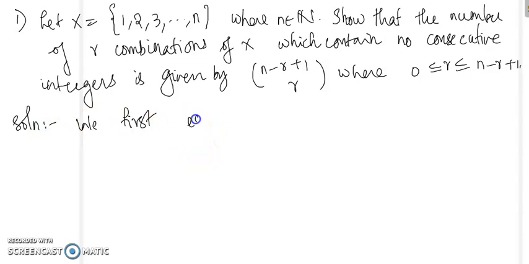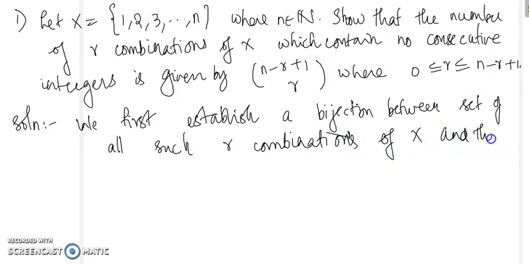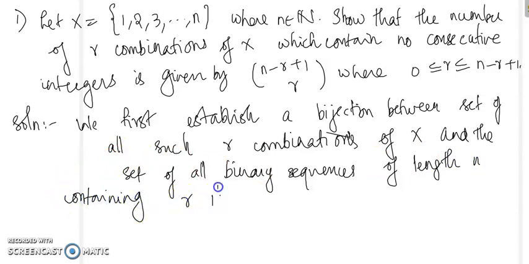So we first establish a bijection between the set of all such r-combinations of X and the set of all binary sequences of length n containing r ones.